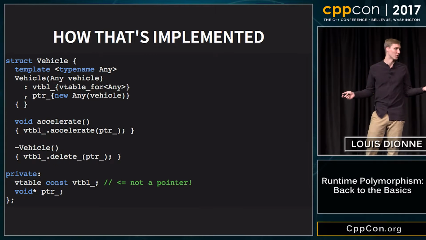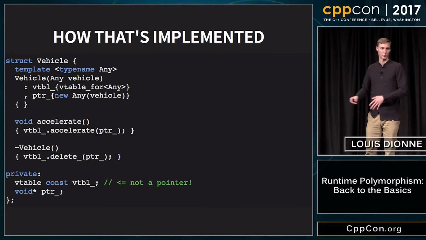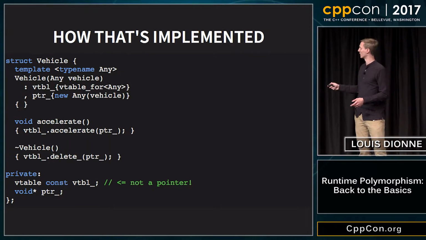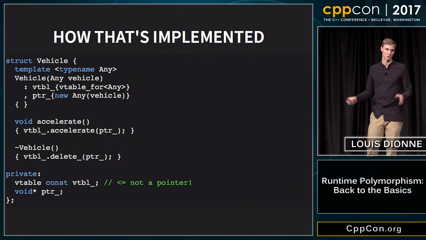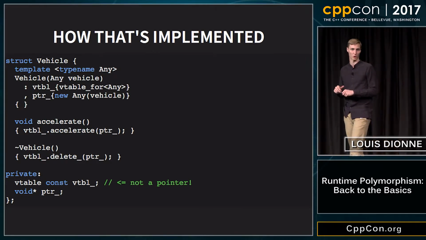I just skip the pointer. And now I've got all my vtable. Because I'm creating my vtable on my own, by hand, I have all my vtable in my object. And then when I initialize my object, I copy my vtable from the static storage, and I store it in the object, and nothing else changes, basically. Well, I'm also not indirecting through a pointer when I do my virtual calls anymore.